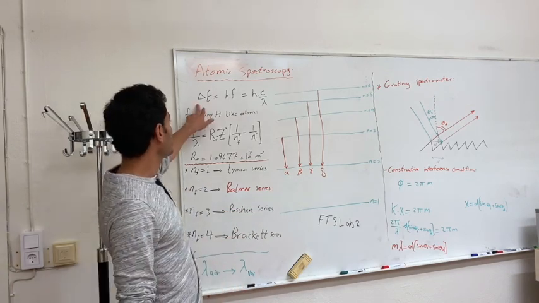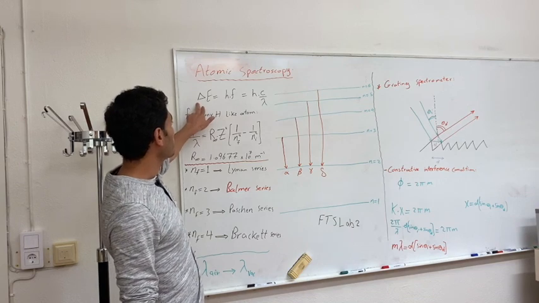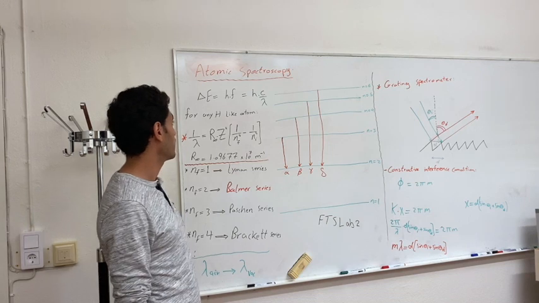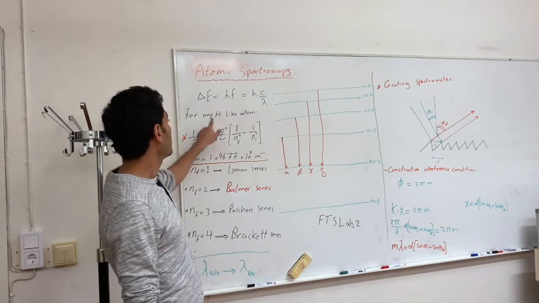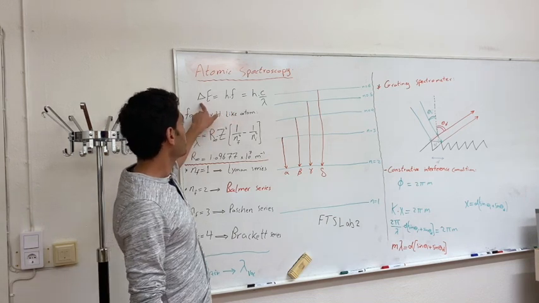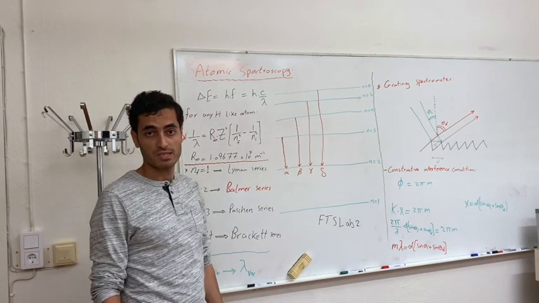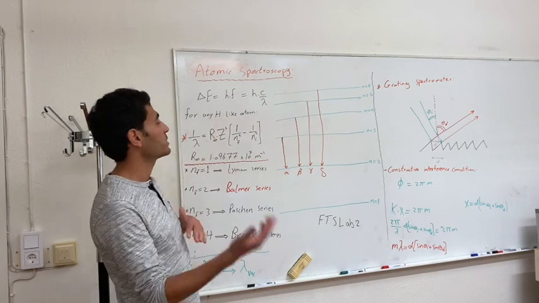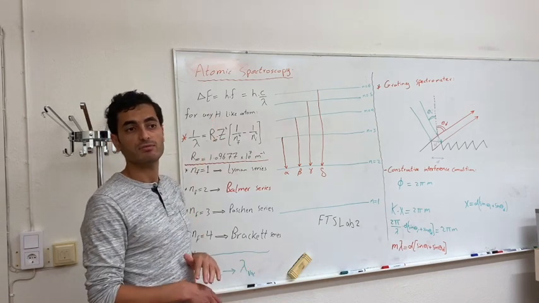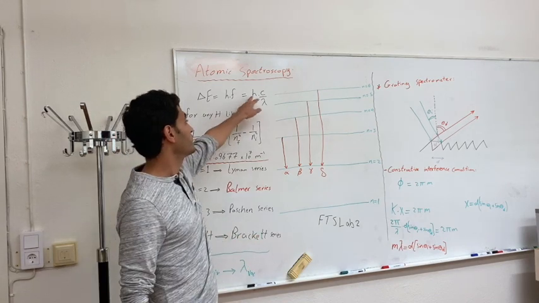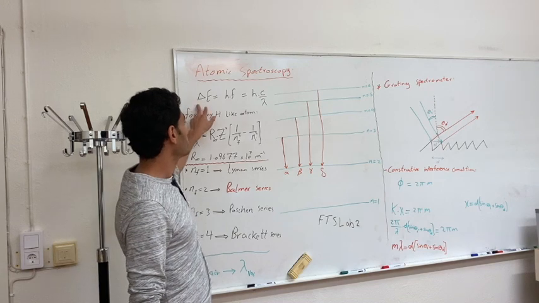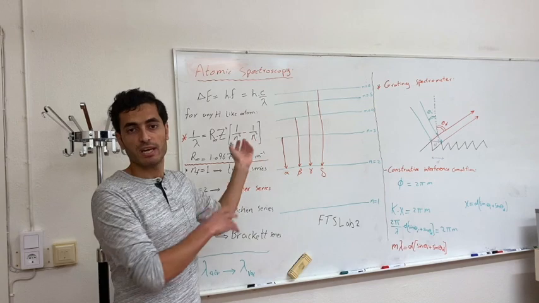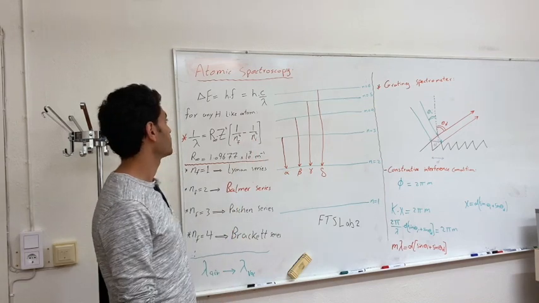And if we want to write that down, we can relate the amount of energy in a photon, a quanta of light, as delta E is h times the frequency. So we're relating the energy to the frequency. And the frequency is related to the wavelength of the photon through c over lambda. So in this way, if we know what the wavelength is, we can know what energy this photon carries, and vice versa.